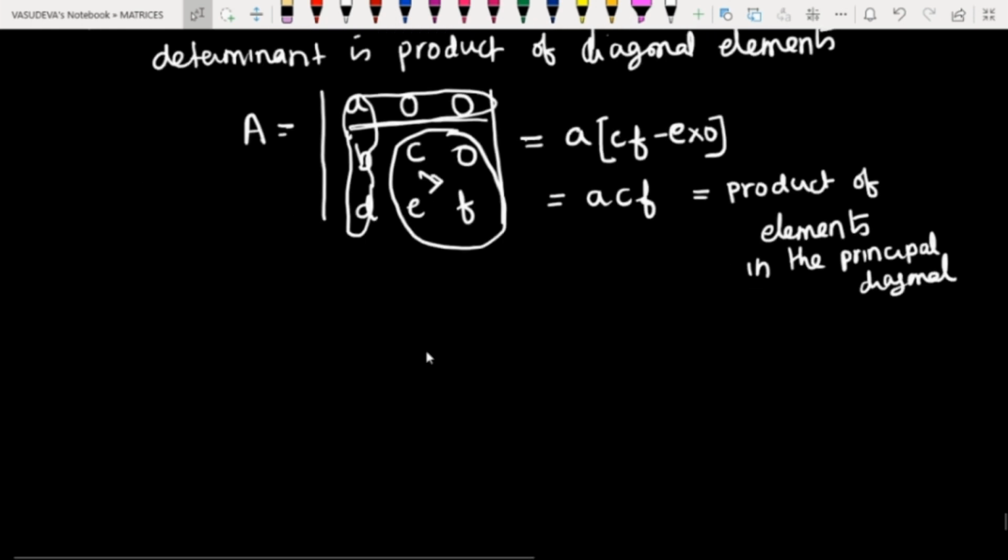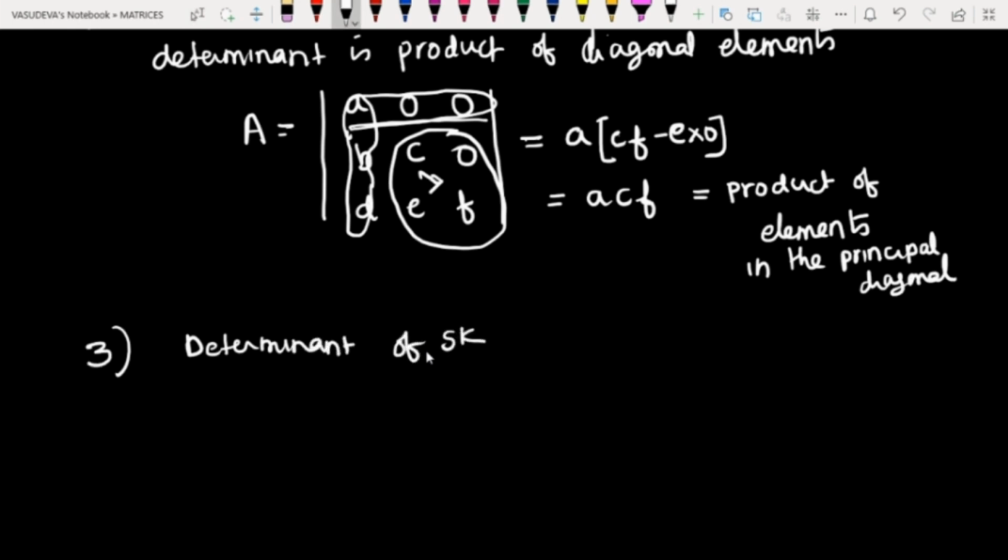Now when we take another result, consider the skew symmetric matrix. The determinant of the skew symmetric matrix of order 3 is 0.